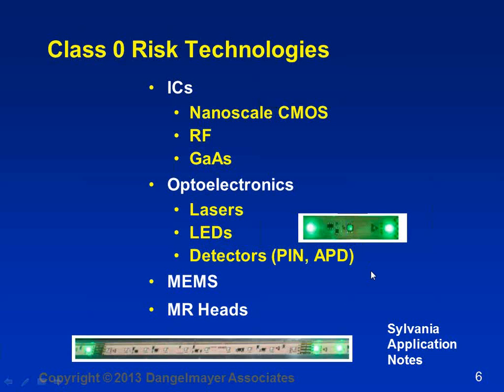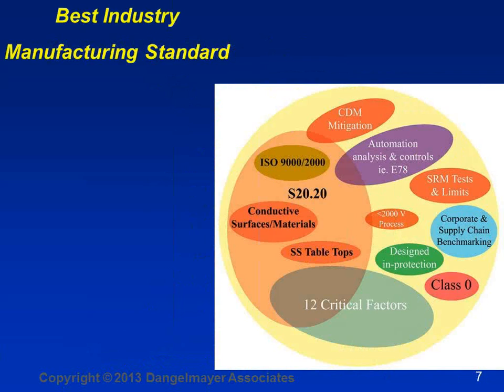It has been damaged with ESD and prematurely failed. And others on this strip down here were actually catastrophic. So again, to repeat, optoelectronics in general pose a high risk of latent failures in time due to prior damage.